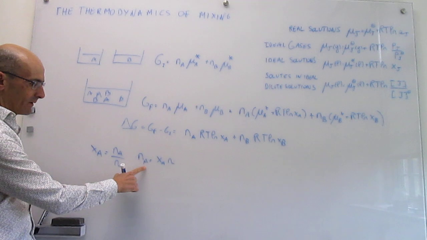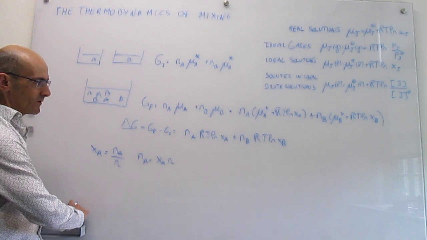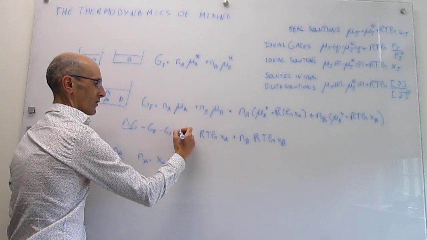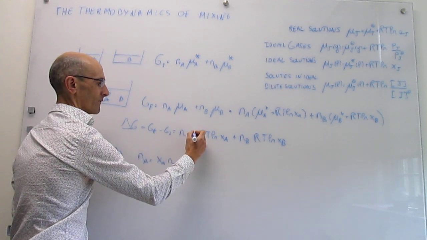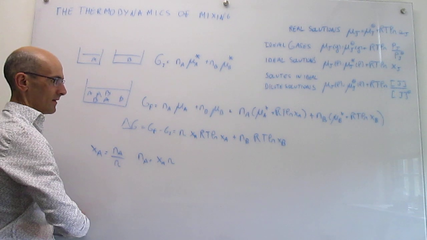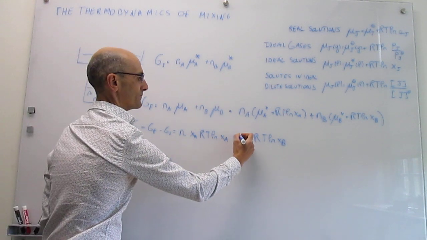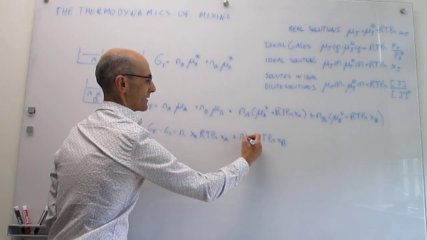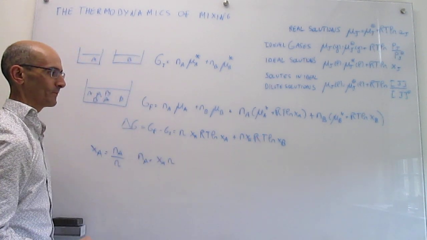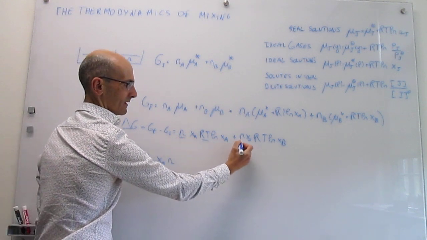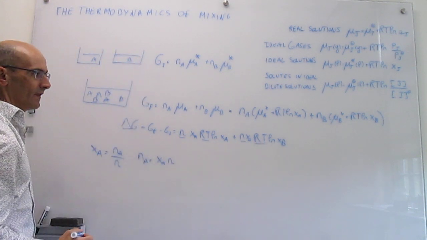Okay, and the same thing will happen here for B. Alright, so what I'm going to do then is simply replace that by the total number of moles times the mole fraction of A, and here this N_B will be the total number of moles times the mole fraction of B. Okay, and this allows me to take common factor of nRT here.